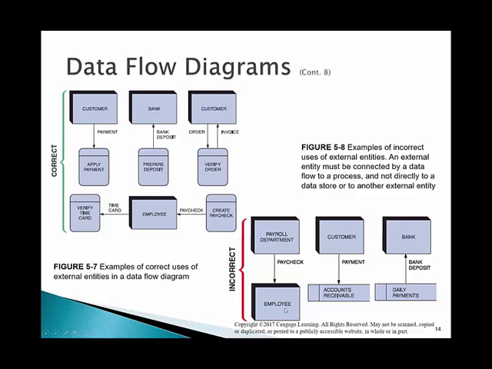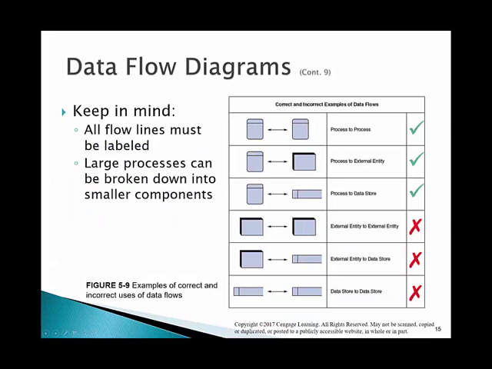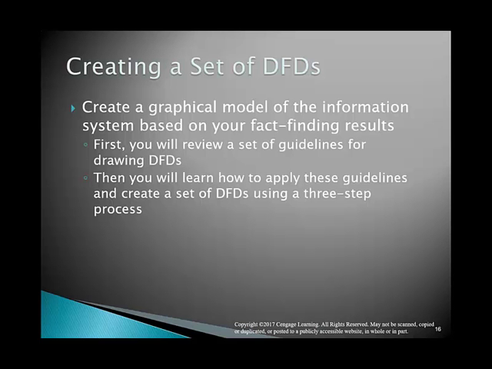It would just issue a paycheck to an employee. But notice how it's not engaged in any of this over here. So flow lines must be labeled. Again, bidirectional, unidirectional. Will most of them be bidirectional? No, they won't. Most of them will be unidirectional and have a feedback loop.